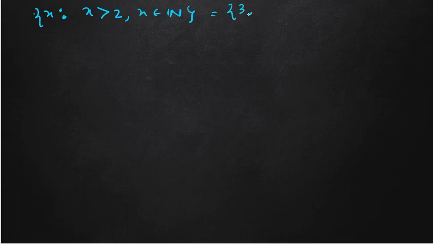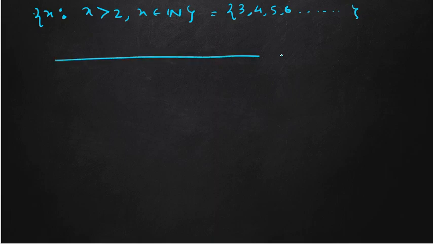So how many natural numbers are greater than 2? There are infinitely many: 3, 4, 5, 6. This will continue till infinity. So we cannot encircle all these points. For that, what we will do is make a number line. Suppose 0, 1, 2, 3, 4, 5.